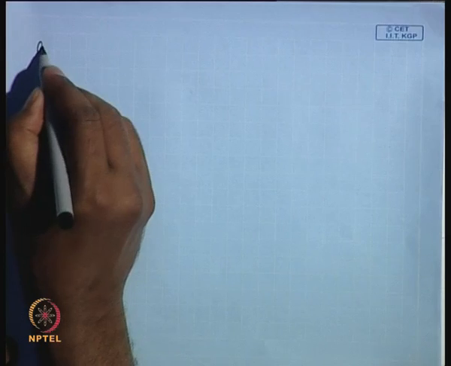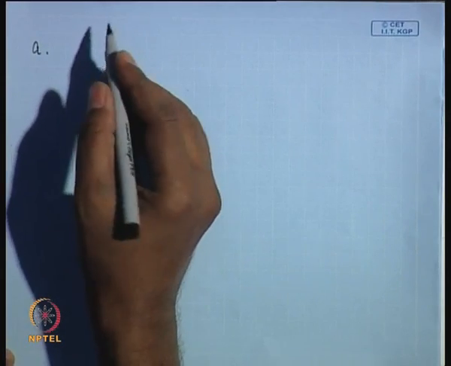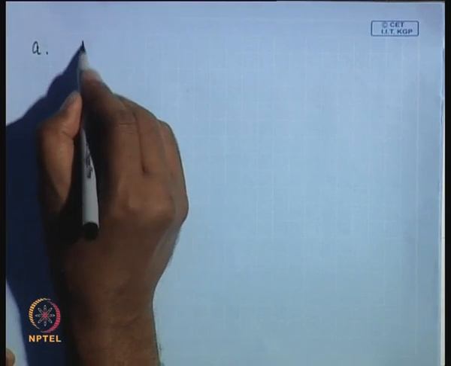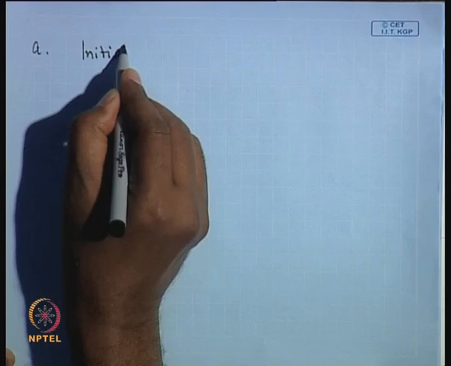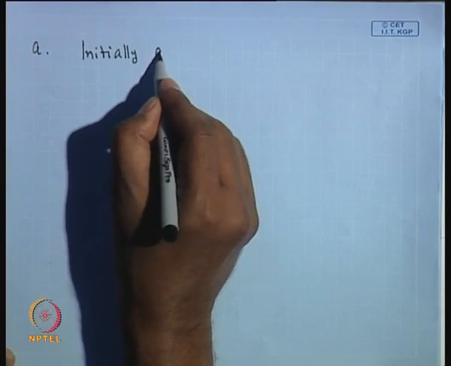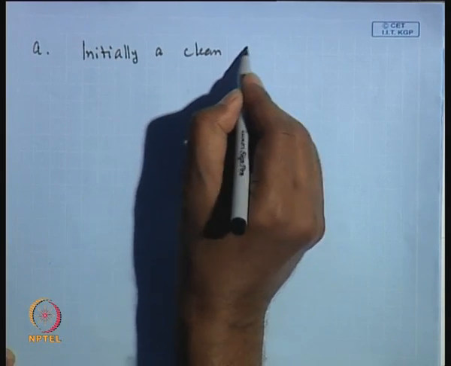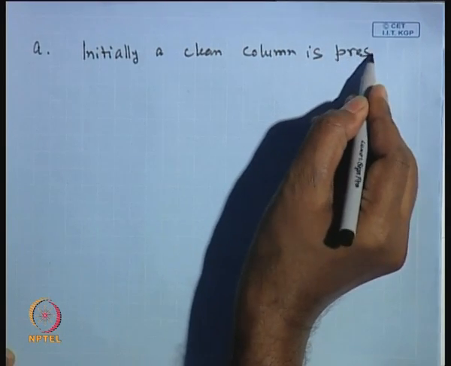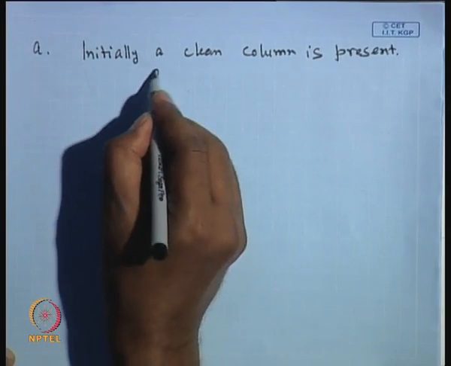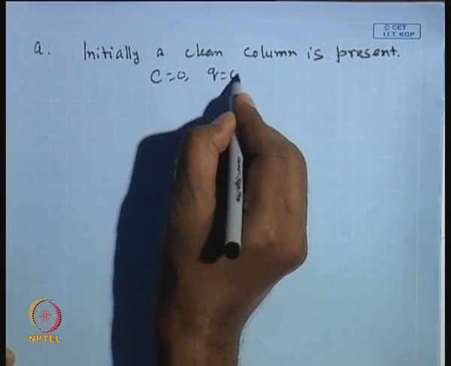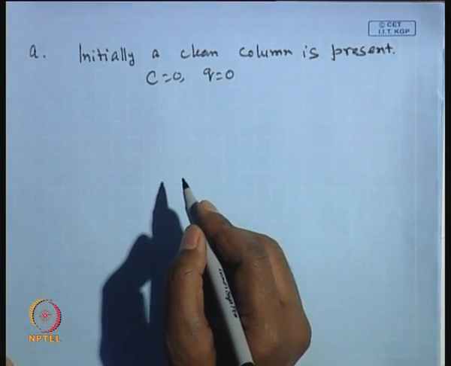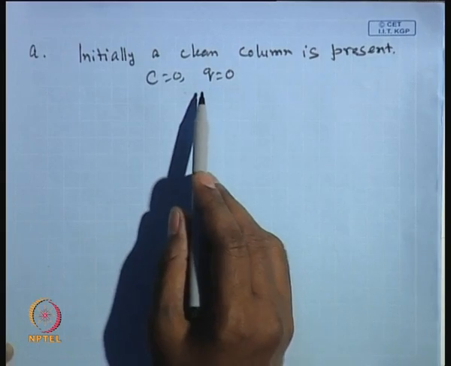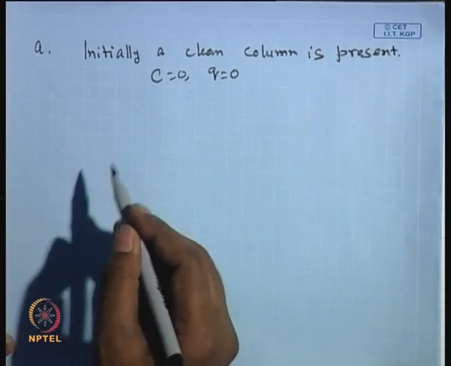The first calculation is, initially we have a clean column. That means, in that clean column, C is equal to 0 and Q is equal to 0. We are not putting any solute containing liquid, and there is no solute adsorbed in the solid phase.